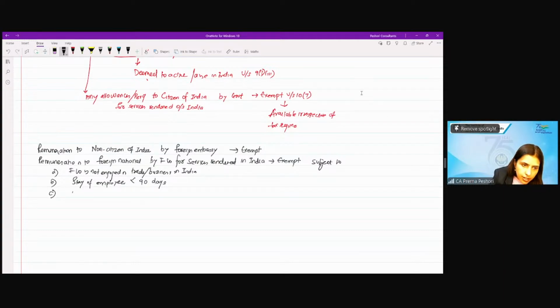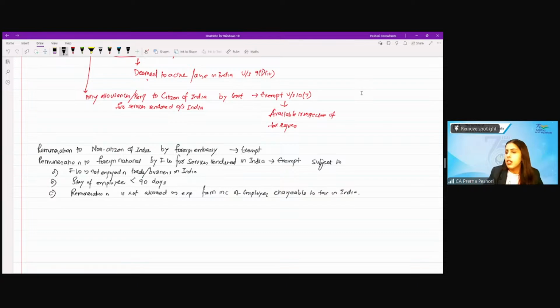So, remuneration is not allowed as an expense from the income of the employer chargeable to tax in India. So only then they will get the exemption. So basically this is called the short stay exemption.